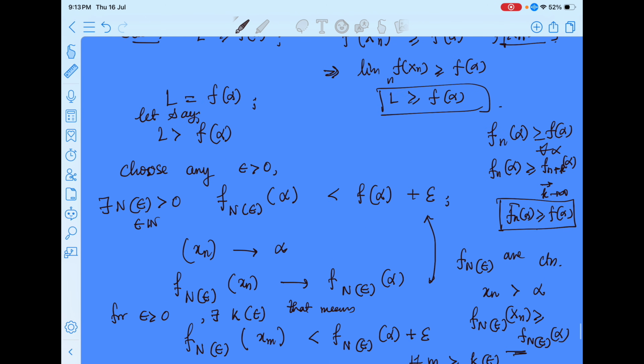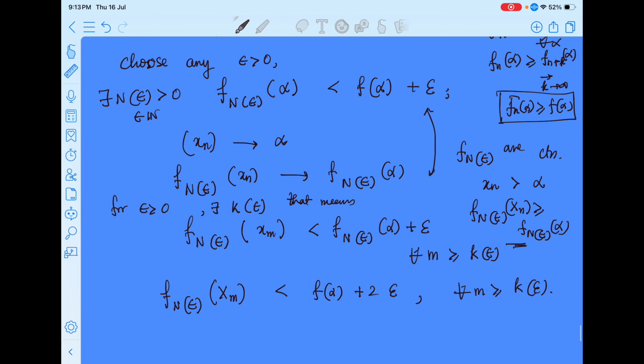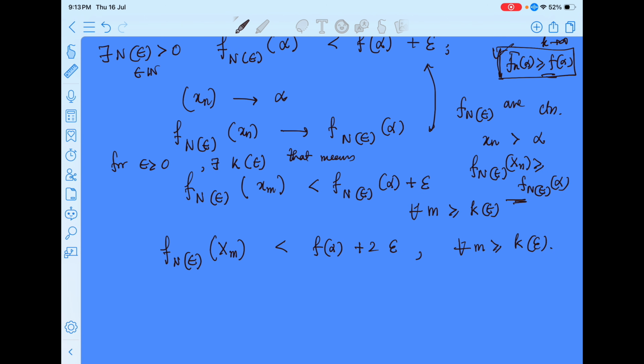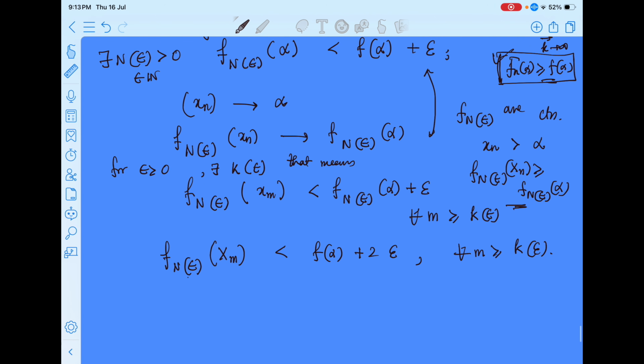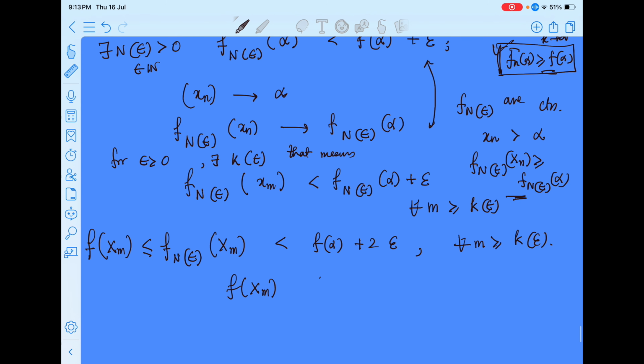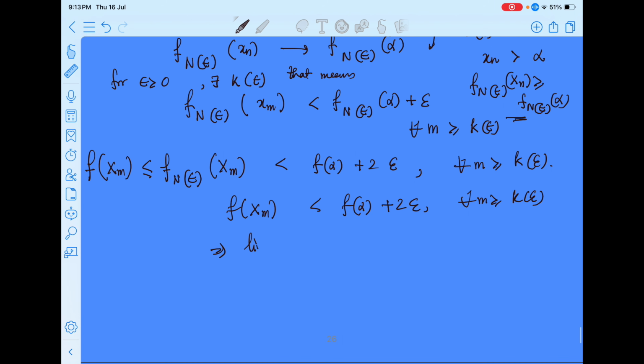Now note one thing that I wrote down before, that fn of alpha is greater than or equal to f of alpha for any alpha. We want to use that. This is for all n, so fn epsilon of xm is greater than or equal to f of xm for all m. So f of xm is less than f of alpha plus 2 epsilon for all m, which implies, taking the limit as m tends to infinity, L is less than or equal to f of alpha plus 2 epsilon.